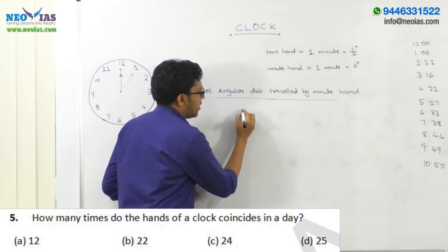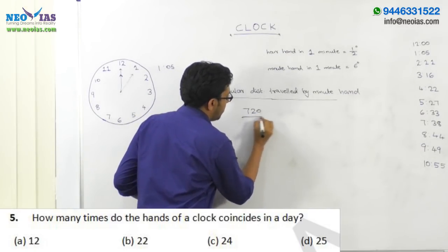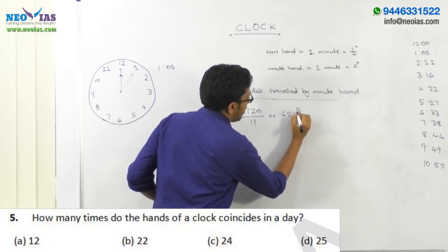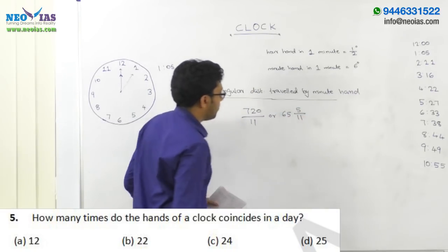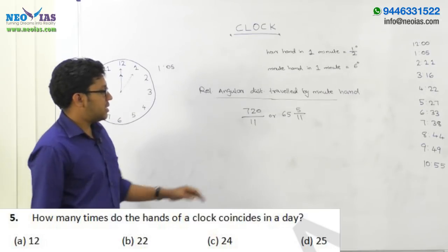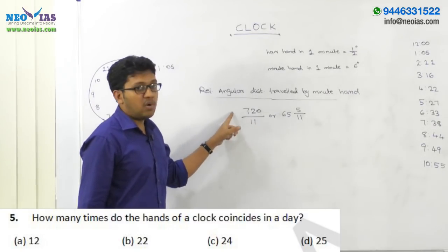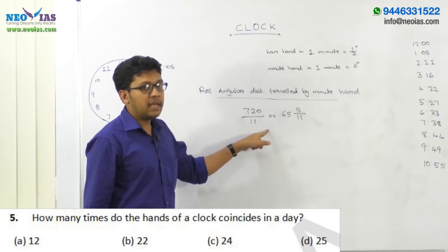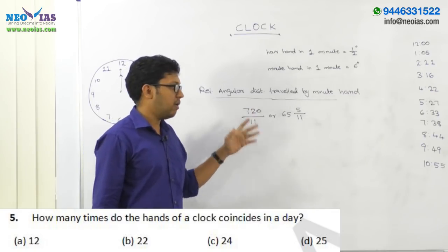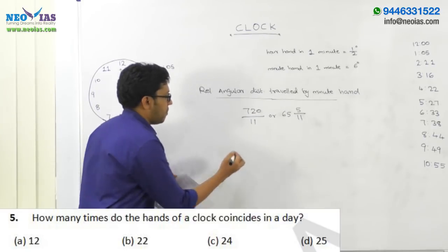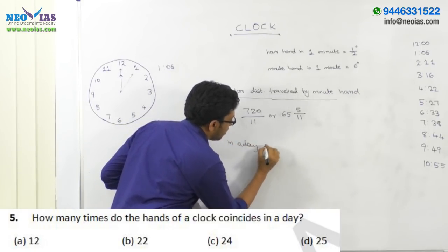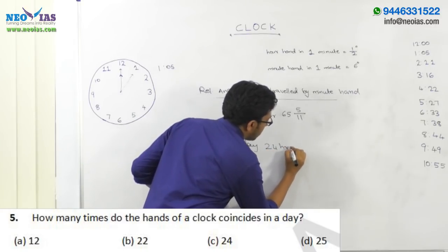Okay, our value was 720 by 11 or 65 5 by 11. Next, we want to know how many minutes are there in a day or in 12 hours. In a day 24 hours are there.